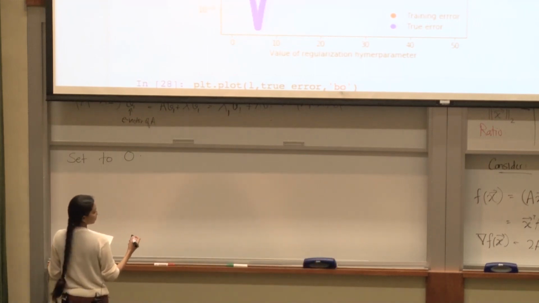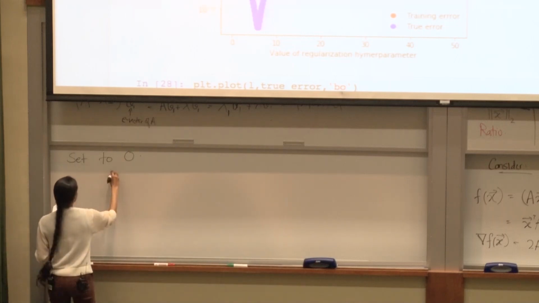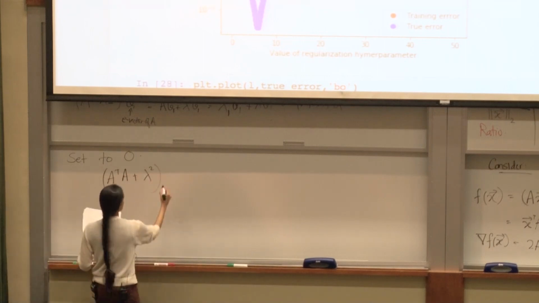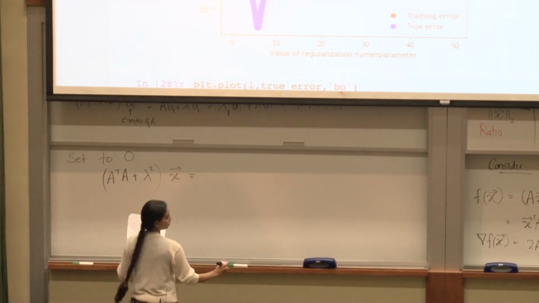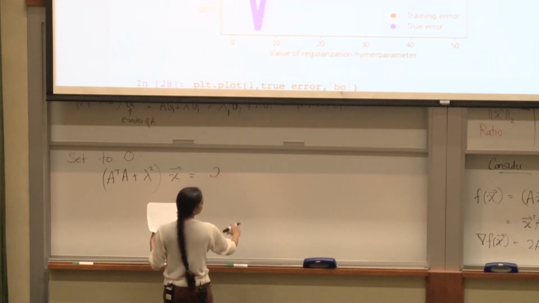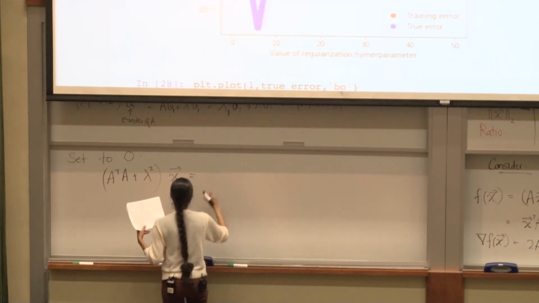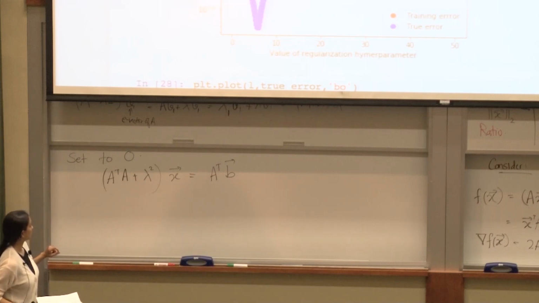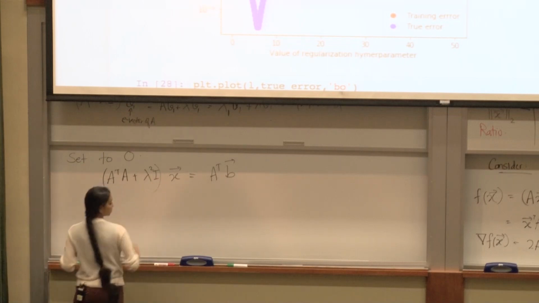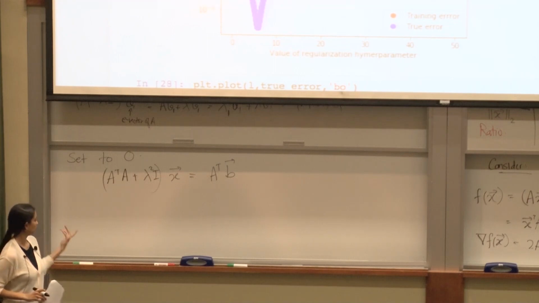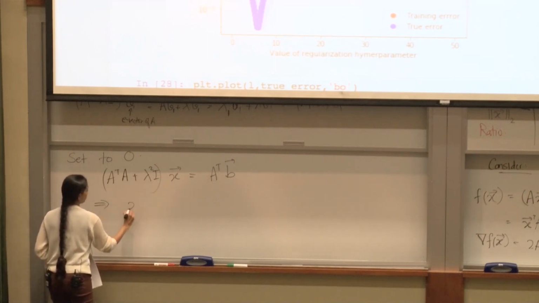I get A transpose A plus lambda squared I times x is equal to A transpose b, right? The x that satisfies this thing equal to 0 is the same as this. Lambda squared I, thank you. But what does this mean? What is the solution to this? What is the optimum x?